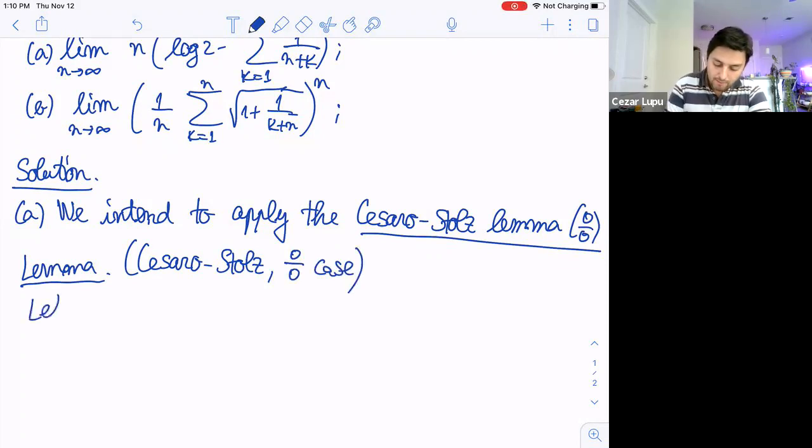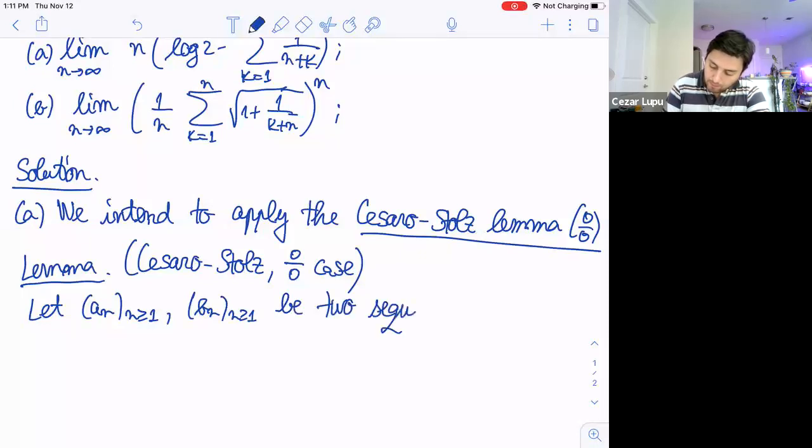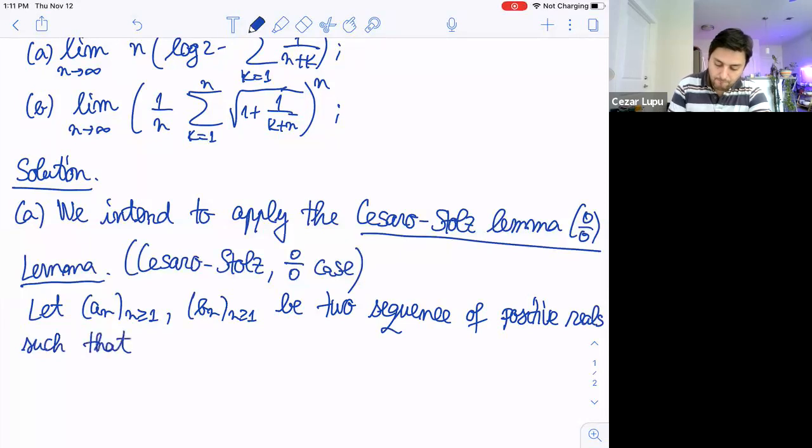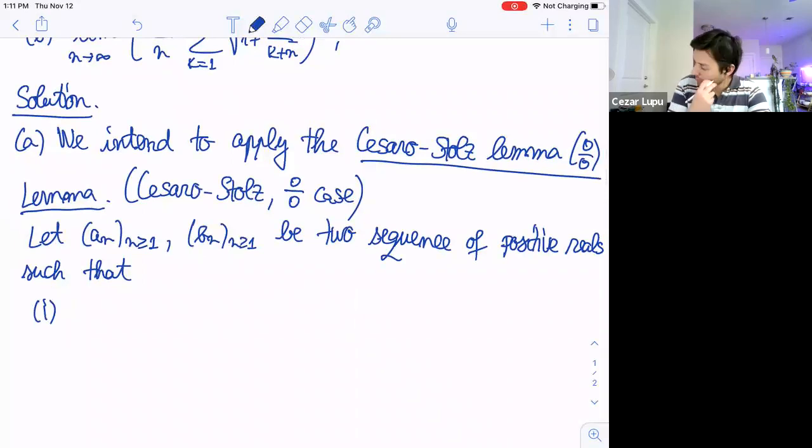Let a_n and b_n be two sequences of positive reals such that a_n is decreasing to 0.